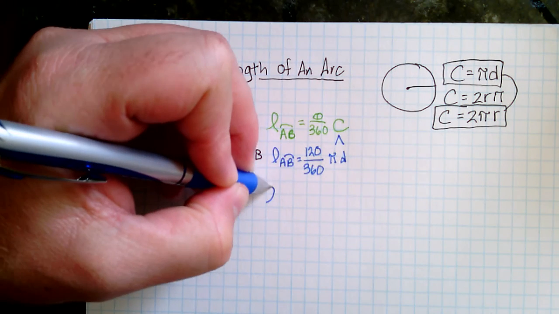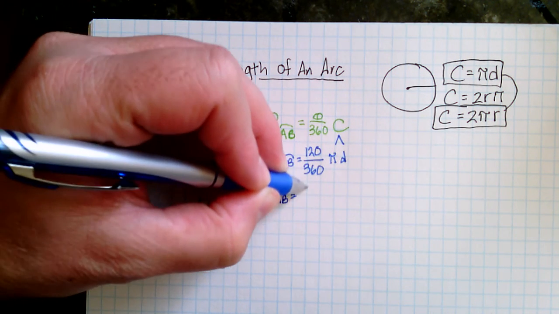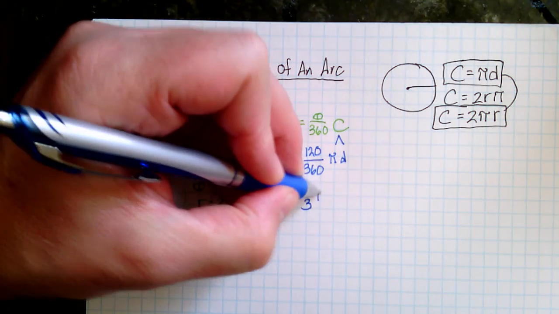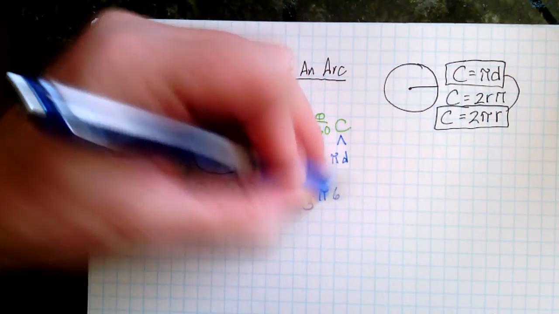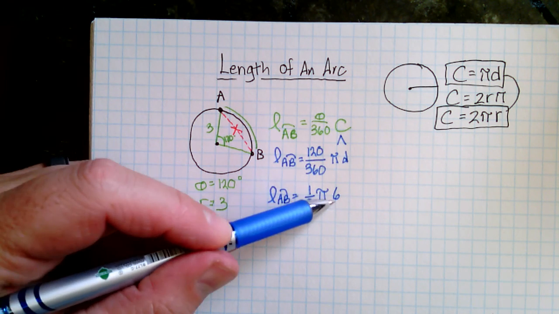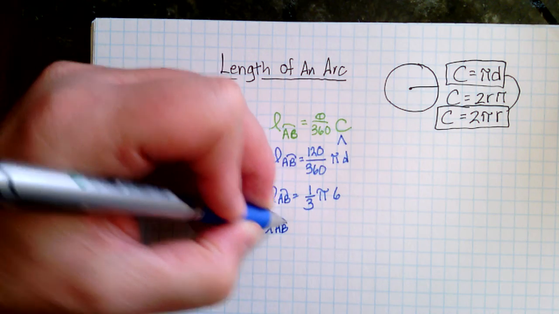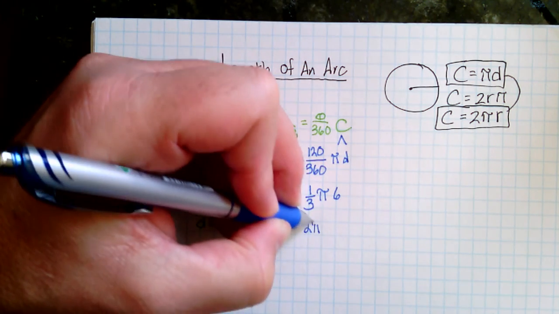So then I have the length of the arc, AB. This reduces to 1/3. Pi stays the same. And then the diameter is 6. So I have 1/3 times pi times 6. The length of AB, arc AB, is 2 pi.